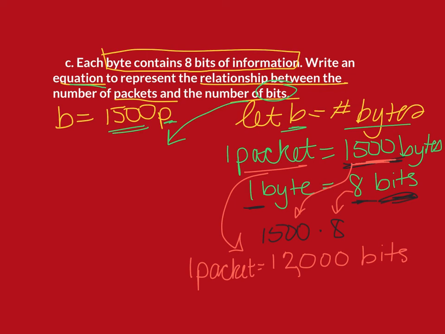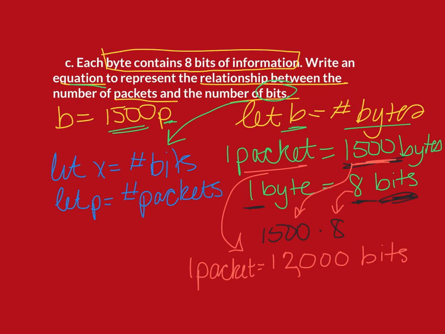So the first thing I'm going to do is say let x equal the number of bits. And just so that we don't forget, we're going to say let p equal the number of packets.